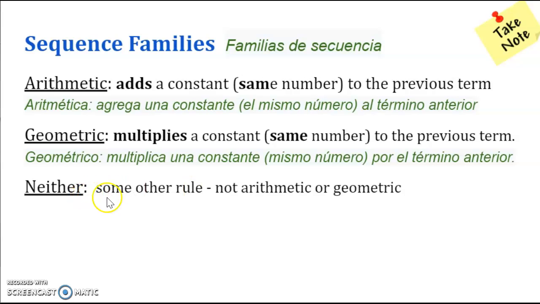And then finally, neither if you have some other rule. Okay, it's not arithmetic and it's not geometric. So it's not adding some constant number and it's not multiplying some constant number. So a sequence can be classified as arithmetic, geometric, or neither.